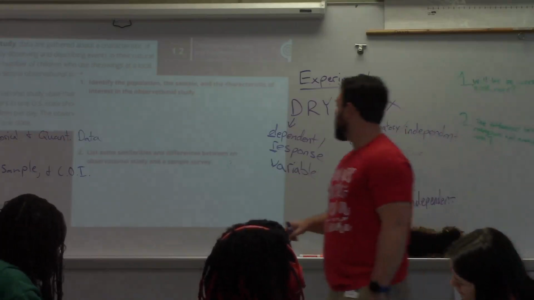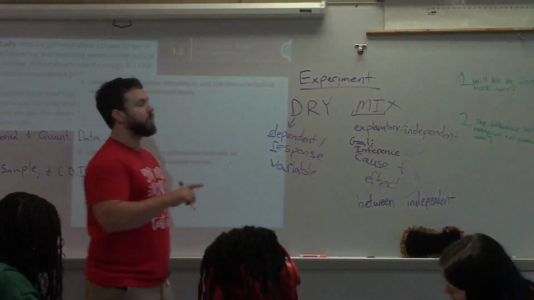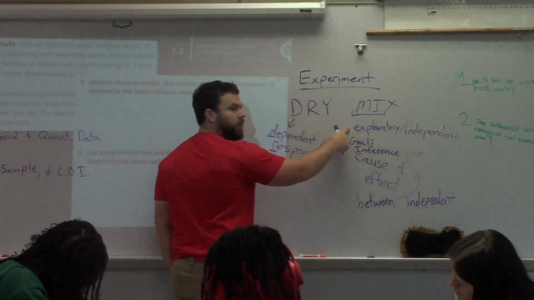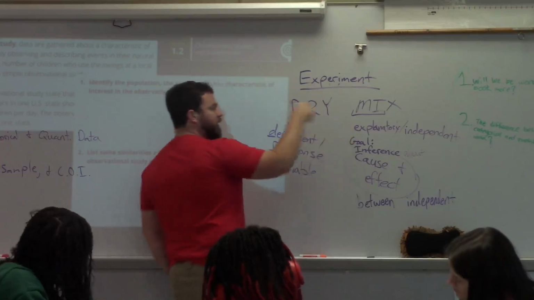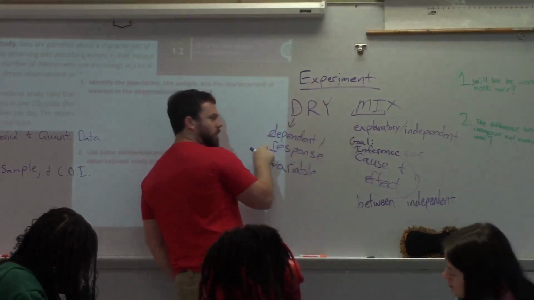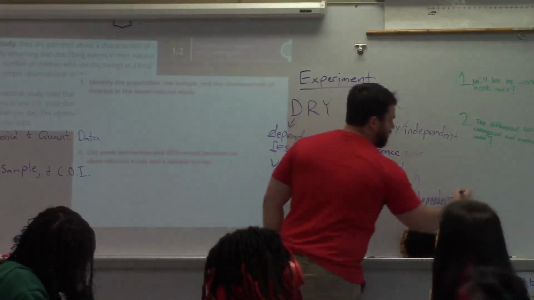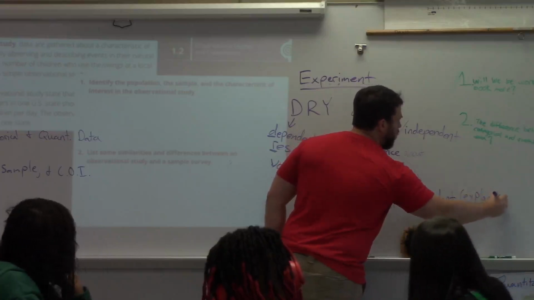Explanatory. Your independent is also known as an explanatory. You want to know why? Because it is explaining the dependent or response. That's it. So, make sure you have that goal.